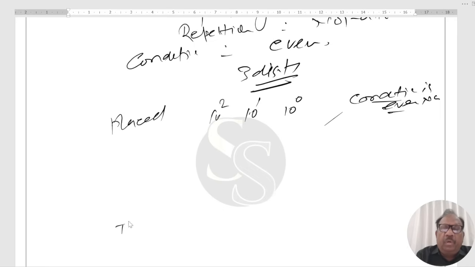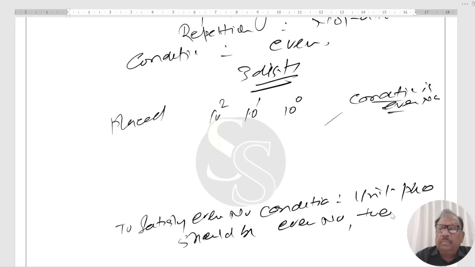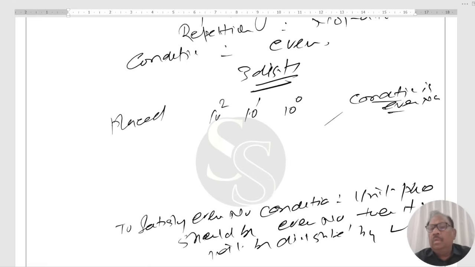To satisfy the even number condition, the unit place should be an even number, then it will be divisible by 2, right?